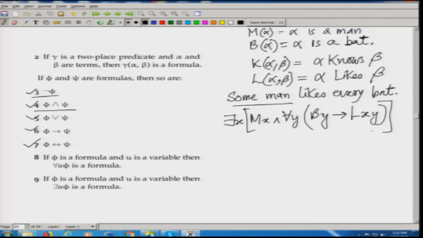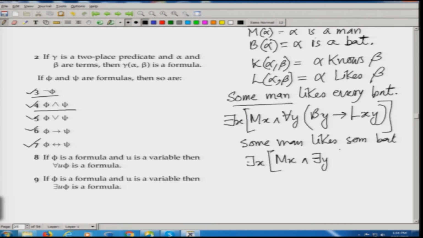And then what about some man likes some bat? It will be there is some x such that x is a man, and there exists a y such that y is a bat, and L x y.